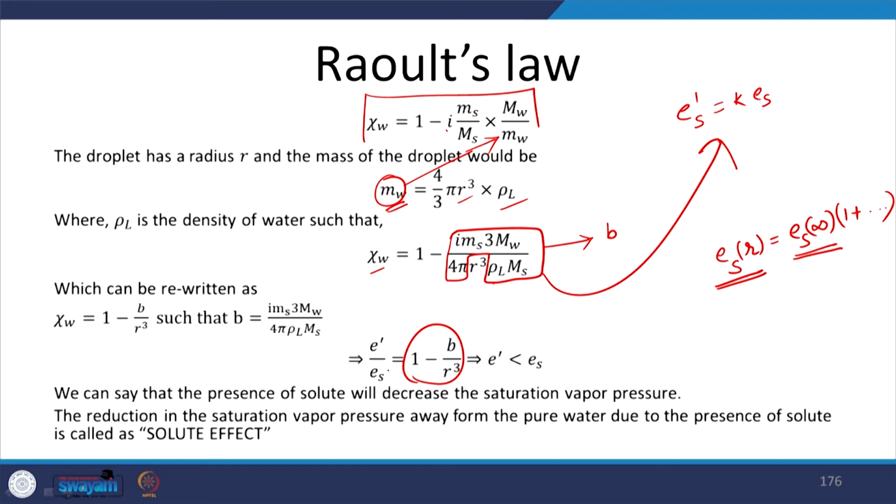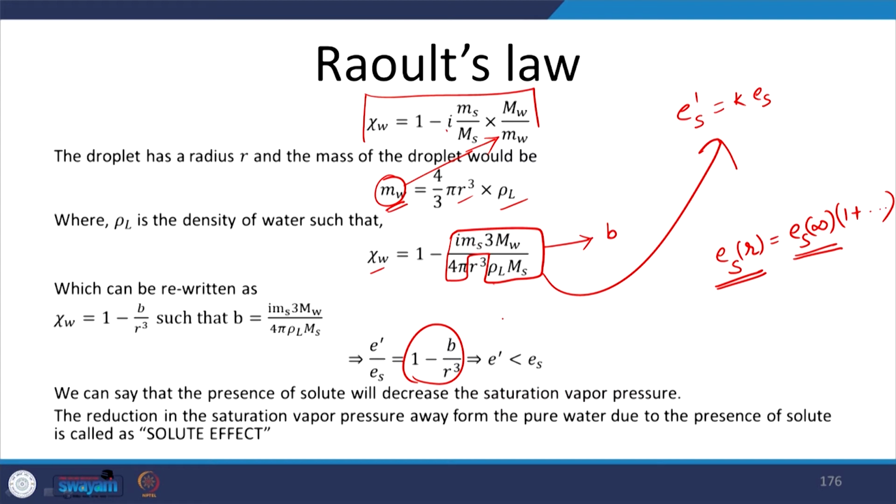The saturation vapor pressure with respect to the solution is 1 minus. That means it is going to be lesser than pure phase. Why? Because there are more foreign molecules which are preventing the water from evaporating, thereby reducing the saturation vapor pressure. So we can say that the presence of solute will decrease the saturation vapor pressure.